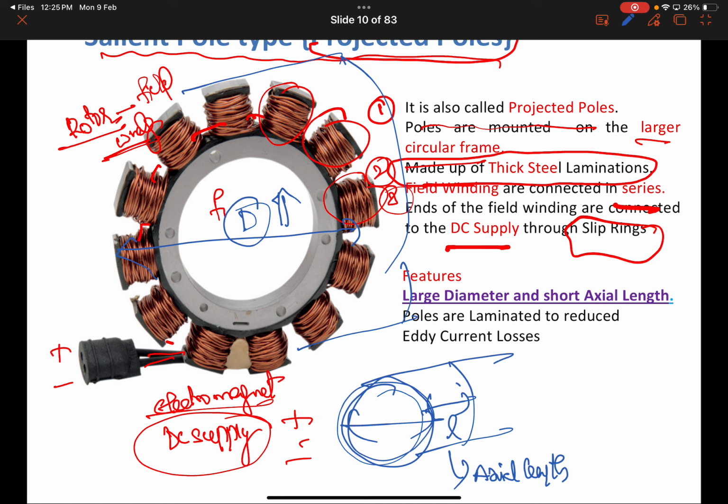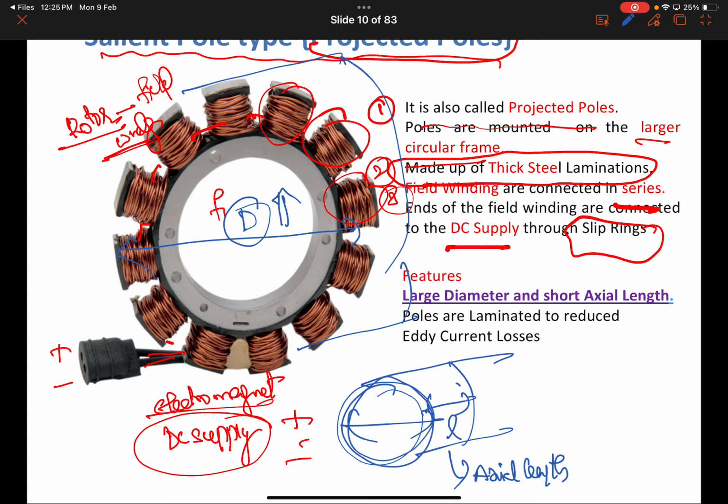Can anyone give me a water bottle? Let me try to do this. For this one, we assume the diameter is more and the axial length is less. If you see the other type here, the axial length is more. For this one the axial length is less.